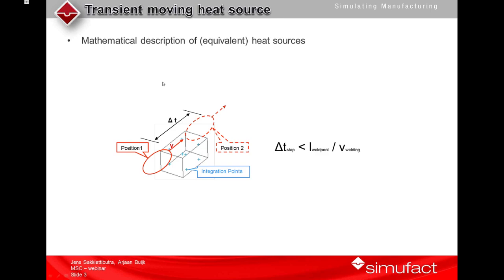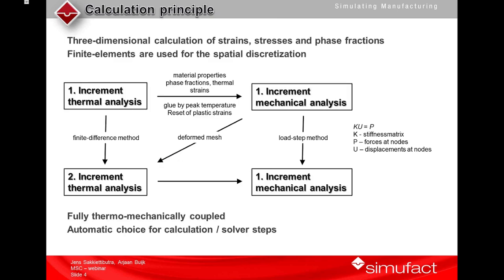If we have a transient moving heat source, we introduce the energy in small time steps, and after a small time step, we allow the heat source to move a bit onwards. This depends, of course, on the welding velocity and the weld pool length, and this is how we can model a transient moving heat source. And we do this step by step.